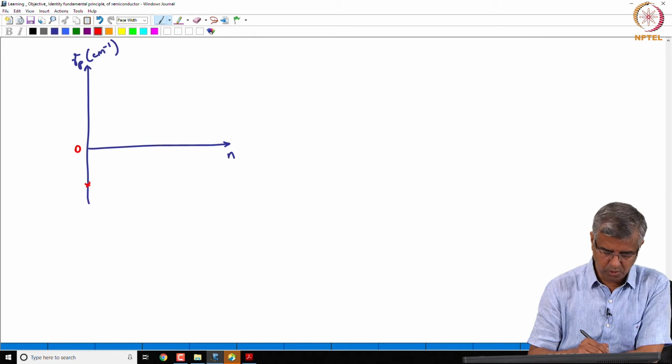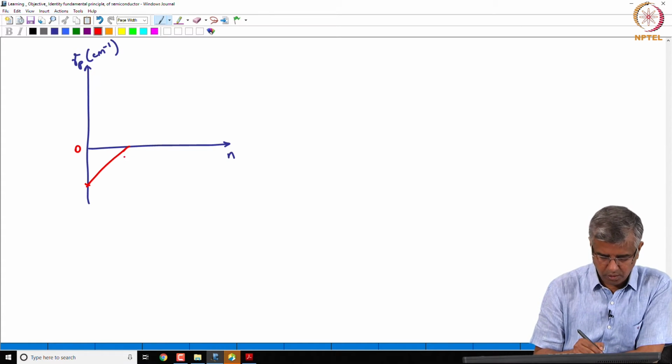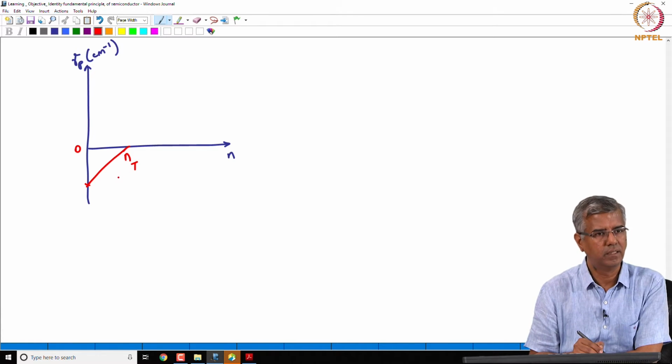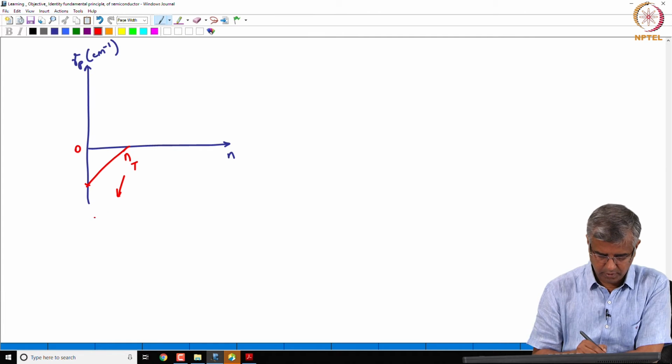And then as you increase, you get to a point which corresponds to NT, and this is called transparency.